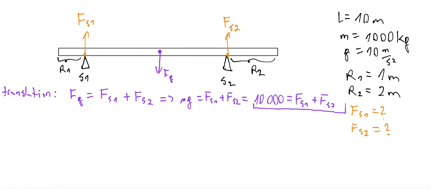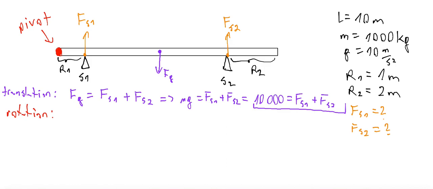Second, we can use rotation. Also, we can balance the torque. In this case, we know that this rod doesn't rotate, so you can take a pivot at any point you want. I think the best is to take the beginning of the rod as the center of rotation, because again, all moments must be balanced.